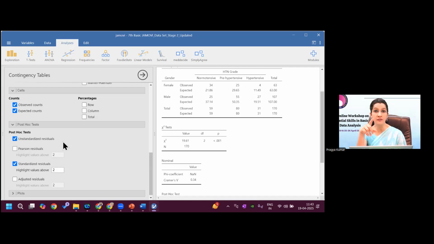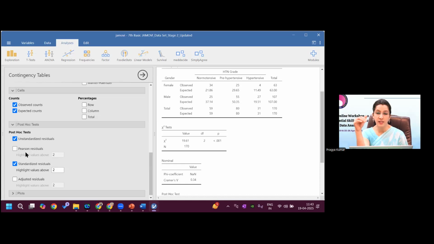My earlier version, that is 28, which I opened initially, does not have that post hoc. So yesterday when Dr. Ravi was asking whether he should uninstall the earlier version and install this, I asked him to go with the earlier one. But if he wants to perform this post hoc test in chi-square, then it won't be available.